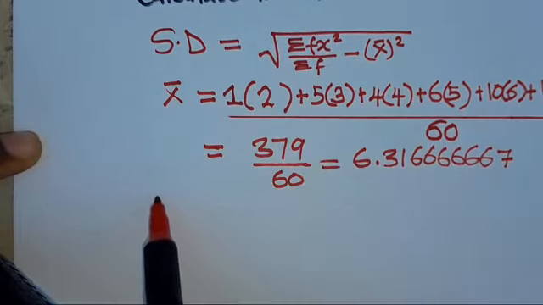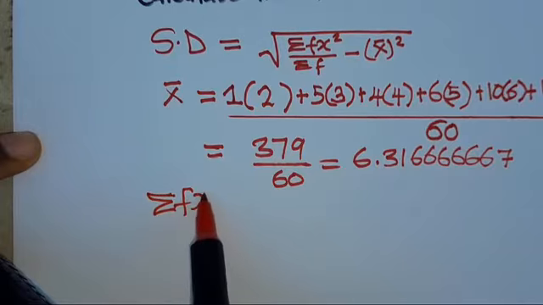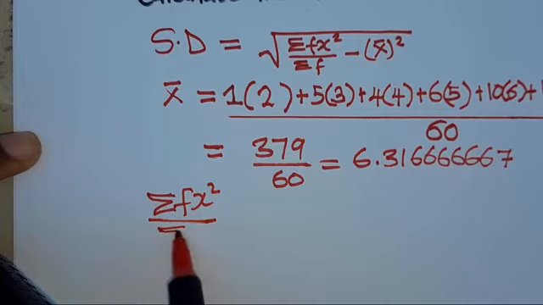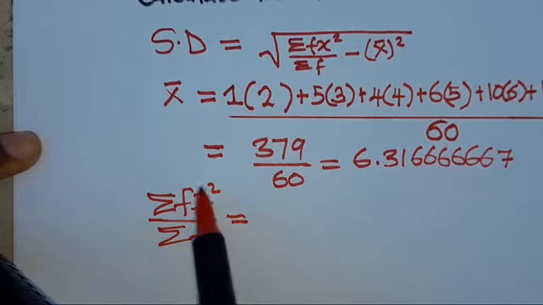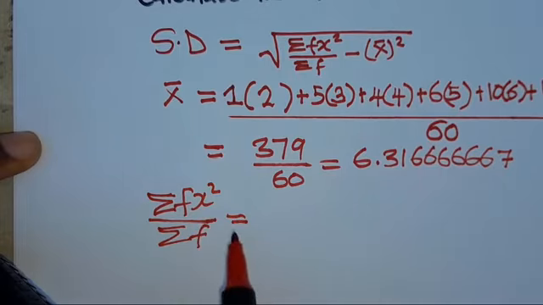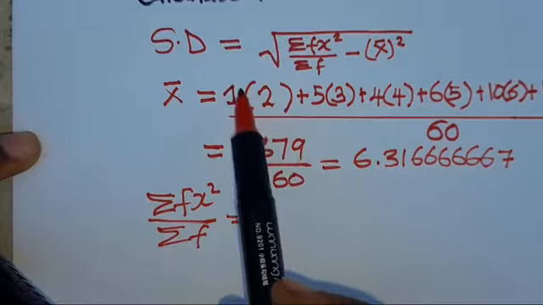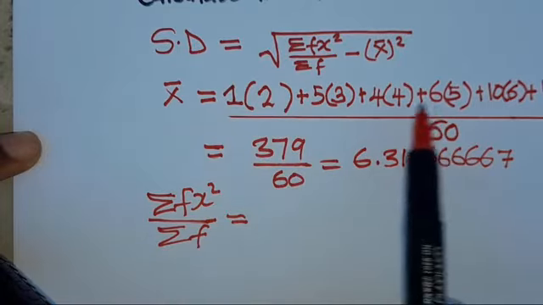So we have the summation of fx squared over the summation of f is equal to. So how are we going to find this? Okay, so what we are going to do is copy this exactly the way it is.